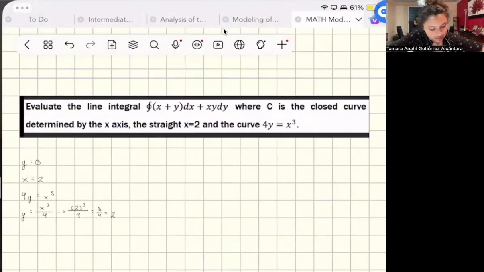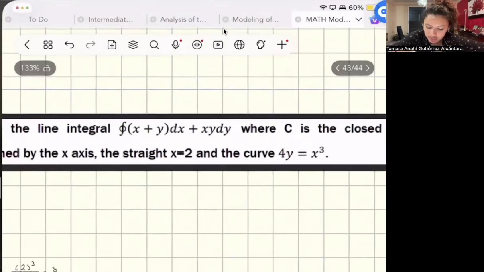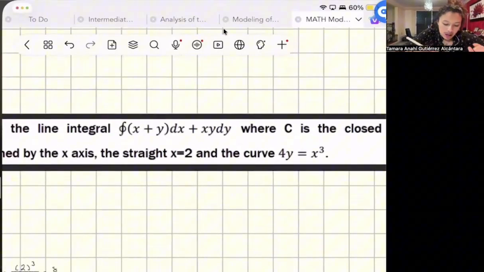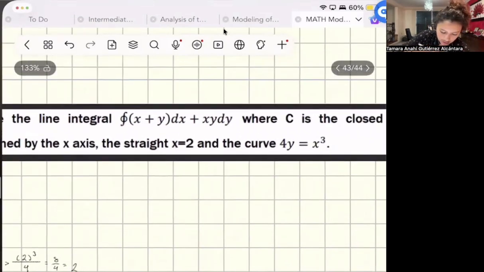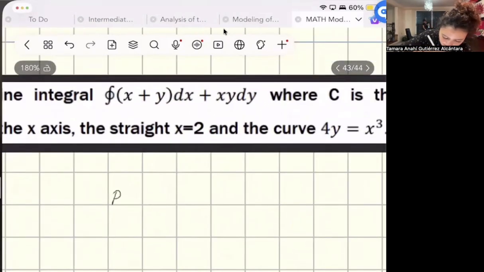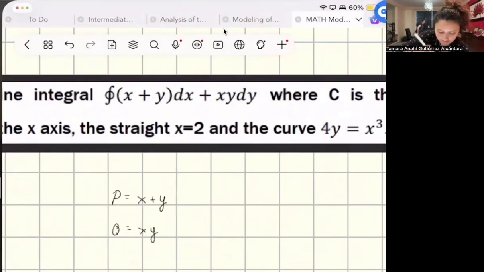Then we have to identify which one is P and which one is Q. So we got P equals x plus y, Q equals xy.